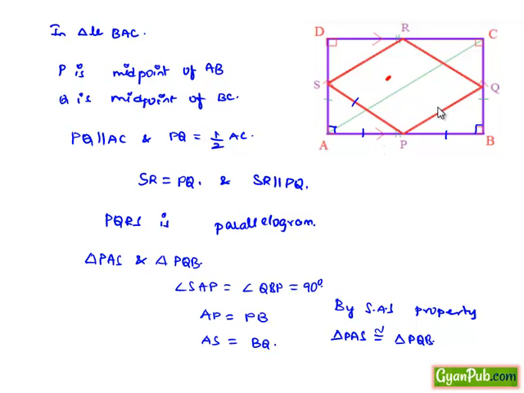Therefore here PS will be equal to PQ. Now in parallelogram PQRS, we have got that adjacent sides are equal. Here we know that a parallelogram with adjacent sides equal is a rhombus. Therefore we can say PQRS is a rhombus.